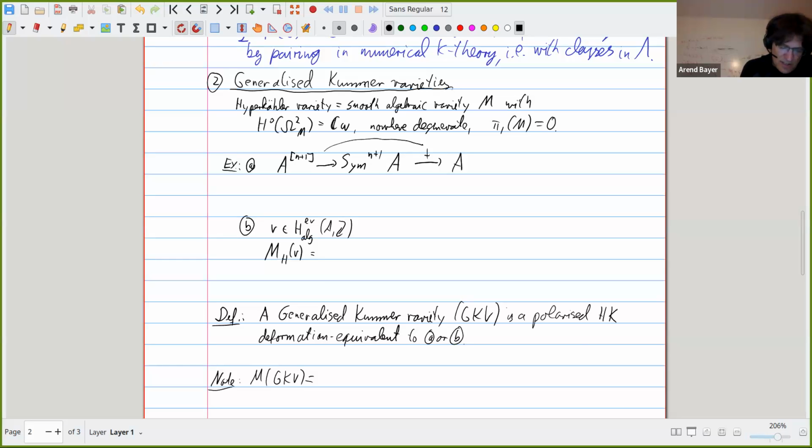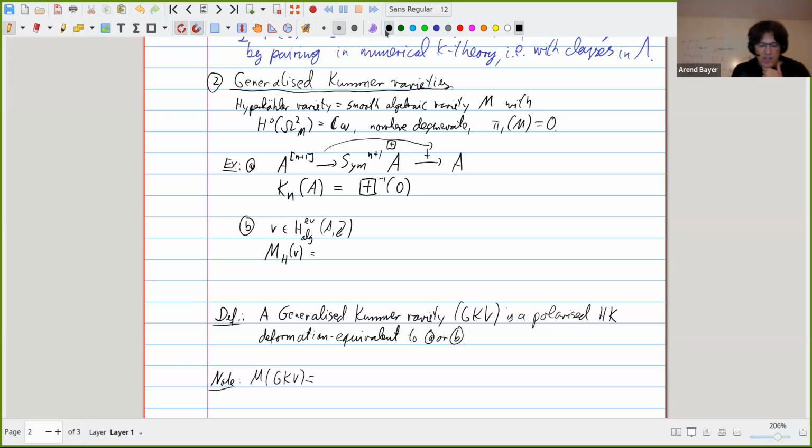And so let's call this composition here a big plus. And then what I look at here is the nth Kummer variety of A. That's just the pre-image of 0 under this map. Right? And so this is the first example of a generalized Kummer variety, and really the first example of a Hyperkaehler variety that's not of K3 type.